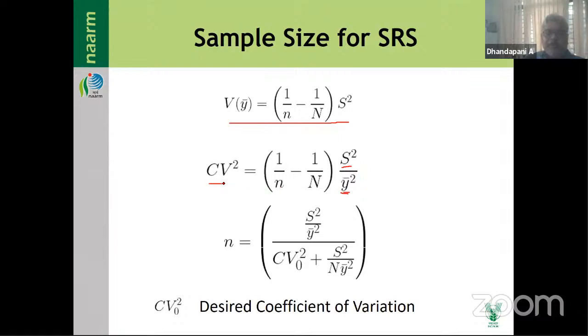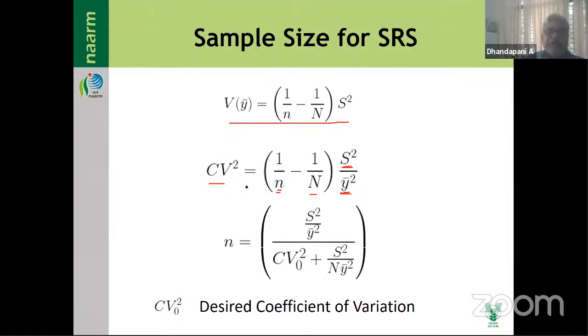Now, if you see here, you have the population coefficient of variance, sample size used, population size, population variance, population mean. All these things are population quantities, right? So the only thing we may know about is this n. n is what we want to find out.